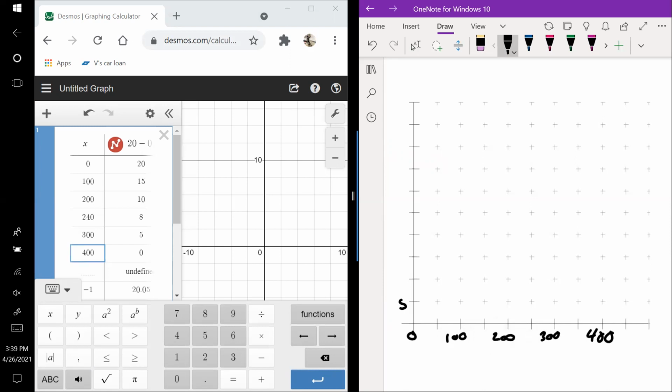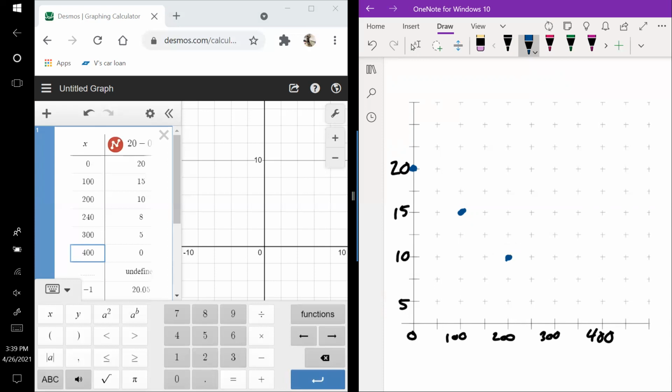So I can say 5, 10, 15, 20. Okay, and let's draw d of x. At 0, we're at 20. 100, we're at 15. 200, we're at 10. 240, which I'll just put right here, we're at 8.